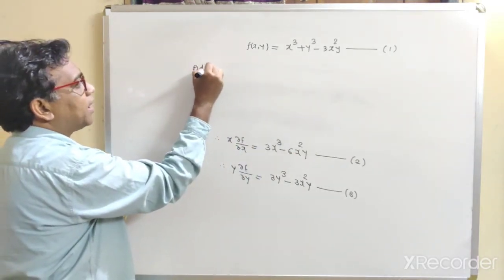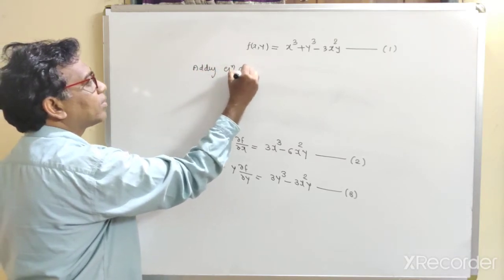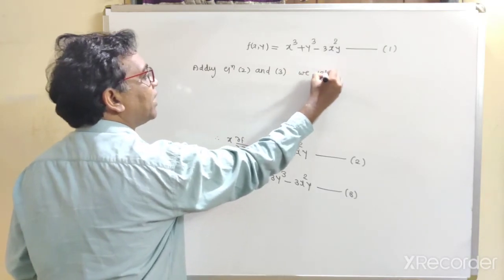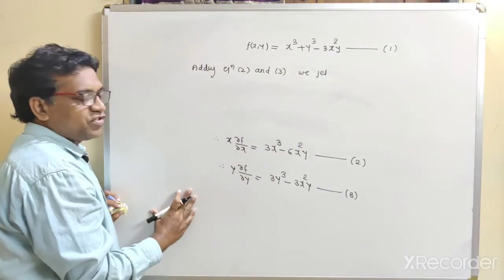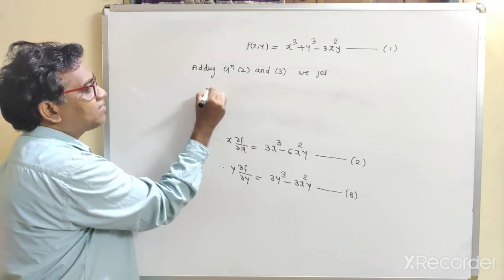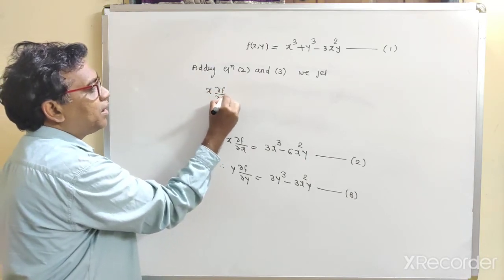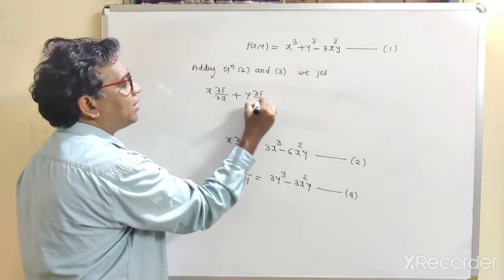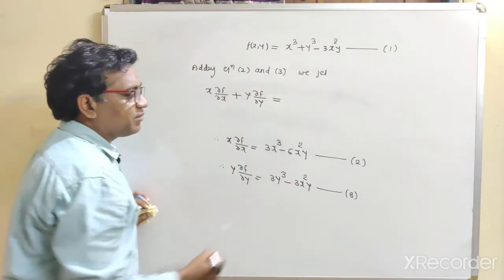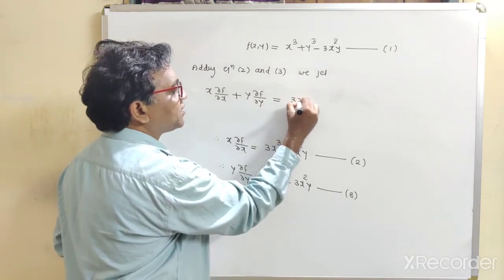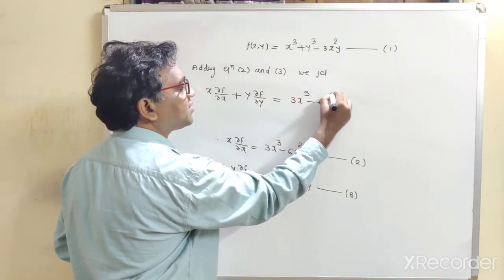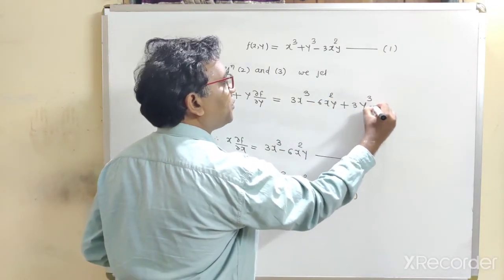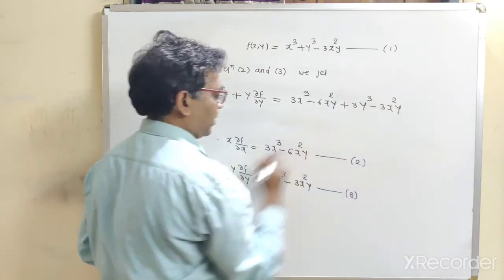So write down the next step, adding equation 2 and 3, we get. Just take the addition of equation 2 and 3. So this is the left hand side, x into del f by del x plus y into del f by del y is equal to, now taking the addition, 3x cube minus 6x square y plus 3y cube minus 3x square y.